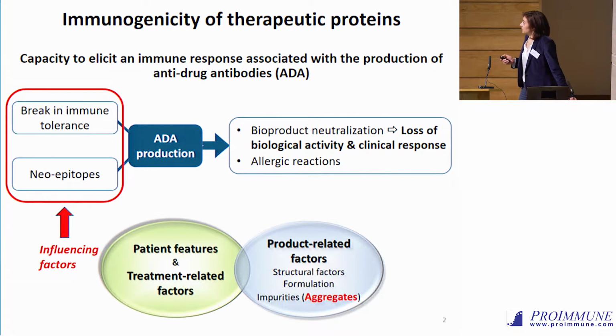So many factors can influence immunogenicity, among them patient and treatment-related factors, but also, and here we are interested in, product-related factors, and precisely the presence of aggregates in the product that is administered.